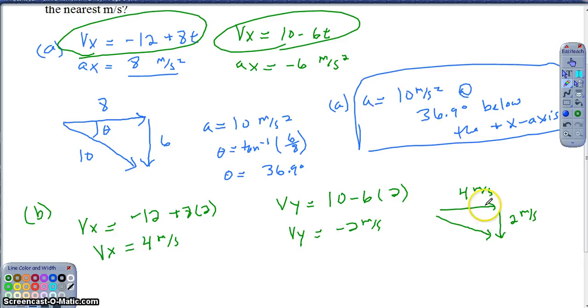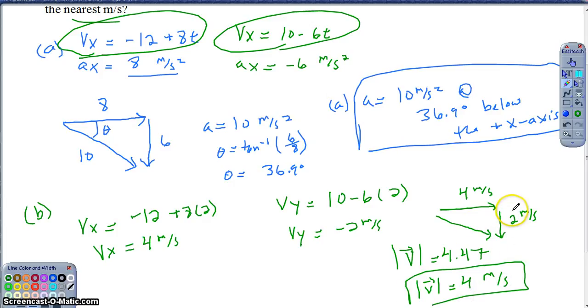And here's where it's kind of odd that they have you round to the nearest meter per second, because when you find the magnitude of your velocity vector, it actually ends up being about 4.47. So when you round it to the nearest meter per second, it's back to 4 meters per second, which kind of makes that look like a goofy right triangle, but that still works. Anyway, we will stop part 1 here and we'll pick up questions 7 and 8 in the next part.